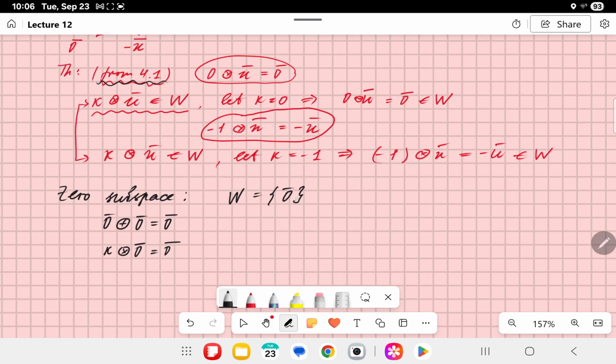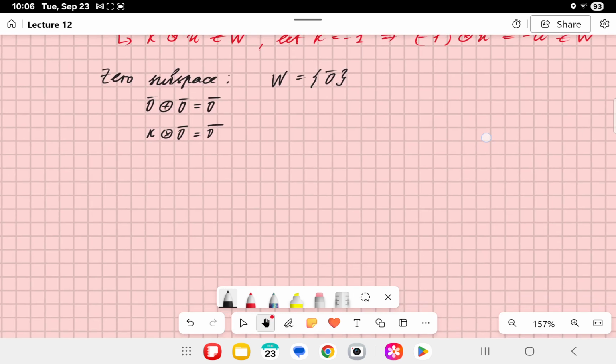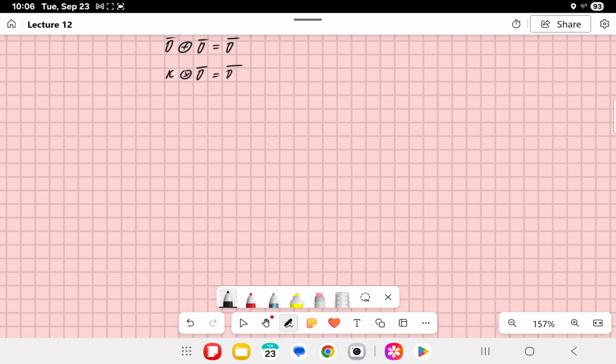So these two axioms are telling us that the subspace is closed under addition and scalar multiplication, then it's really a subspace.